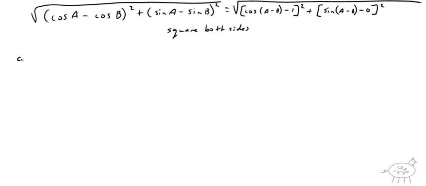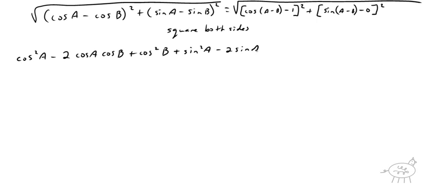And then when I FOIL each one of those, I'm going to get cosine squared of A minus 2 cosine A cosine B plus cosine squared of B. And then square the next one, so I'm going to get plus sine squared of A minus 2 sine A sine B plus sine squared of B. Just because I'm running out of room now, for the next one I'm going to square, I'm going to put on the second line here.